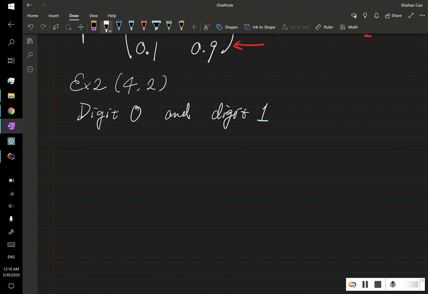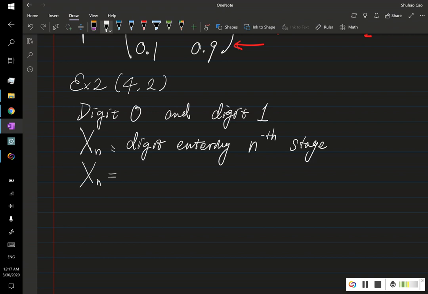So now let's denote Xn as the digit entering the nth stage. Basically Xn can be 0 or 1.